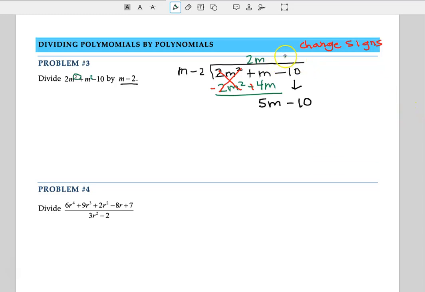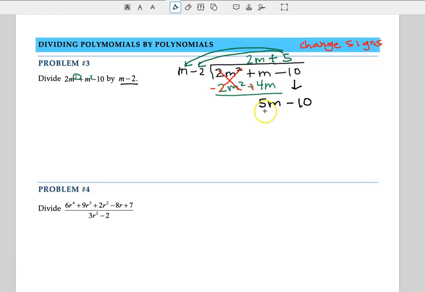So now we're going to say, what times m gives me 5m? So remember, you're not thinking about that negative 2 or that negative 10 right now. Okay, what times m gives me 5m? 5. And since it's a positive 5, we need to put plus 5 here. All right, and then again, we're going to distribute that through. We're going to multiply 5 by both of these.